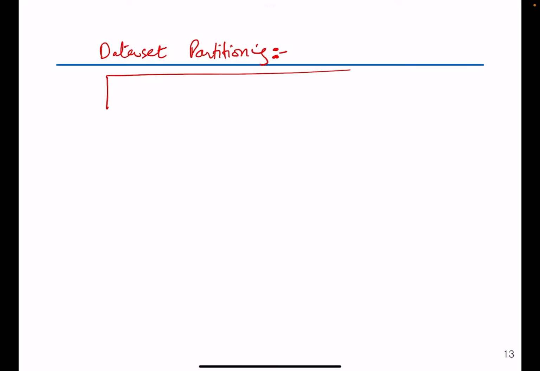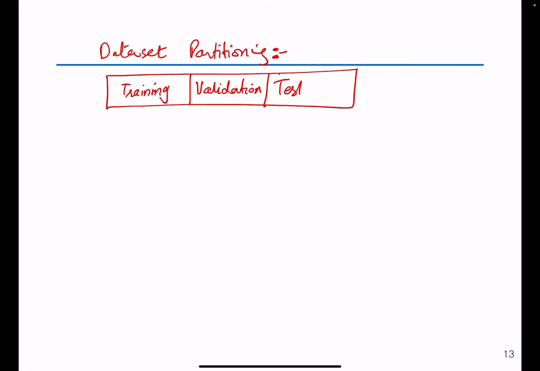Your whole dataset is split into the training dataset, then your validation data, and then your testing data. So these are the partitions. This is nearly 50% for training, 30% validation, and maybe 20% for your testing.